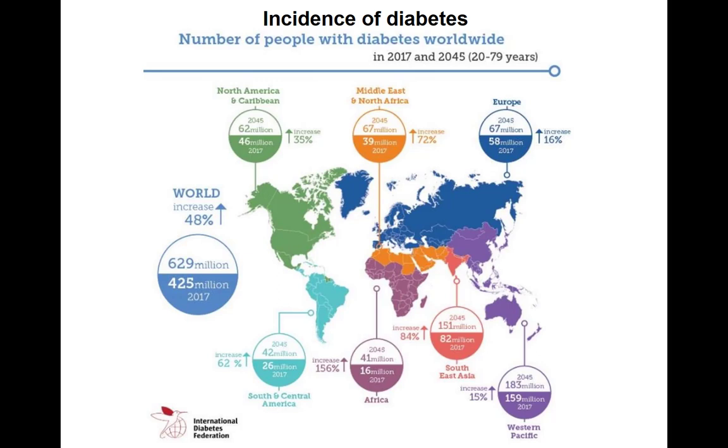So, for example, as a whole in the world, the prediction is that there'll be a nearly 50% increase in the patient size, but then you can see in certain areas this is exacerbated. Like in Africa, you're seeing more like 150% increase in incidence, and similarly in Southeast Asia, over 80% increase in incidence. And in general, people of Indian descent, like myself, have a higher susceptibility to diabetes for genetic reasons.